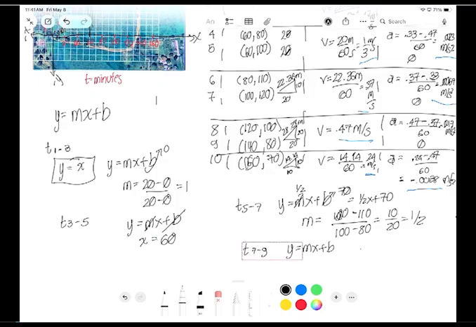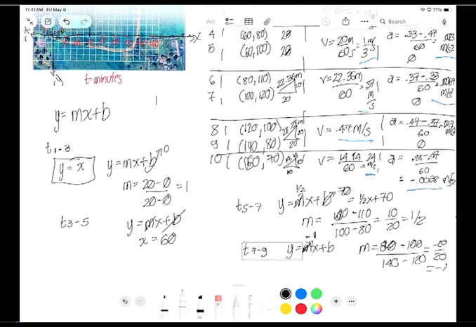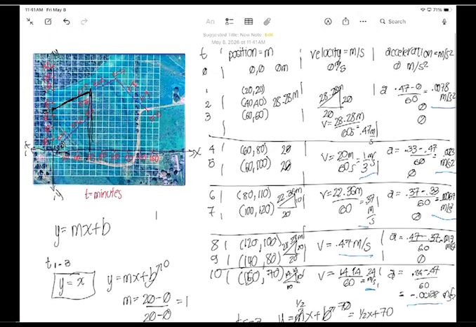For T7 through 9, y equals mx plus b. We have the following. m is equal to 80 minus 100 divided by 140 minus 120. That equals minus 20 over 20, and that equals minus 1. And for b, we're just going to have to go all the way back here.